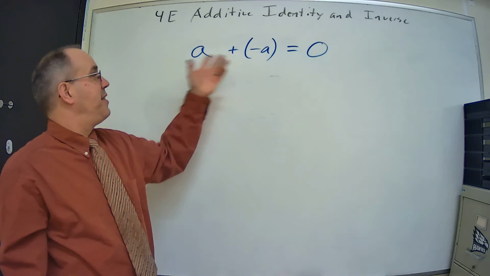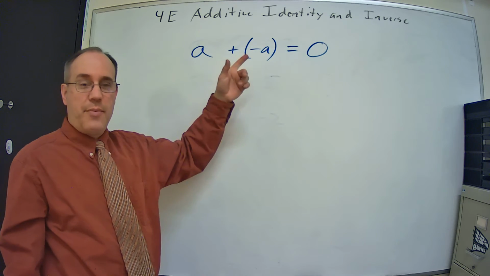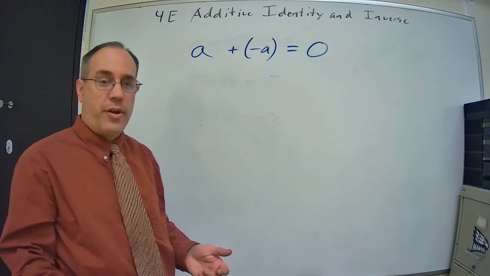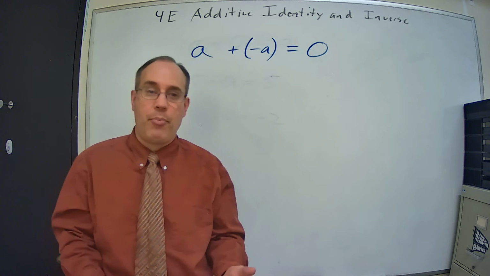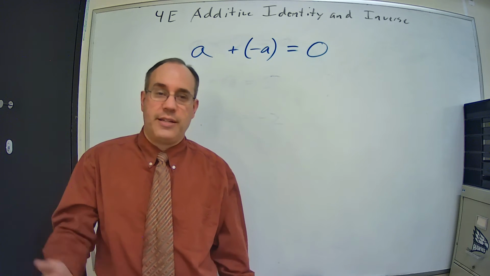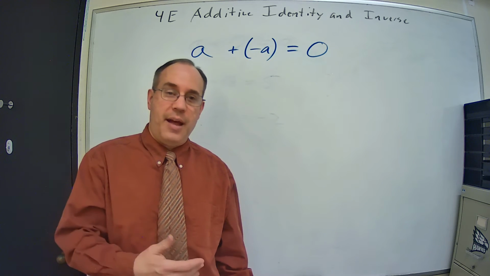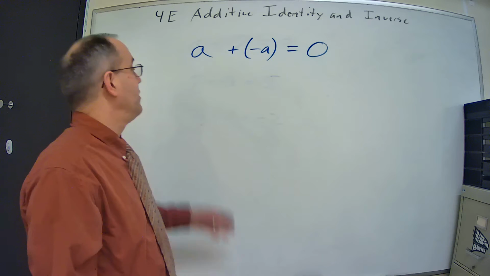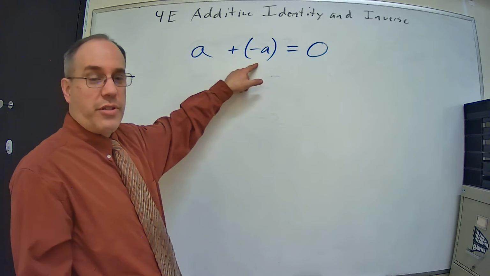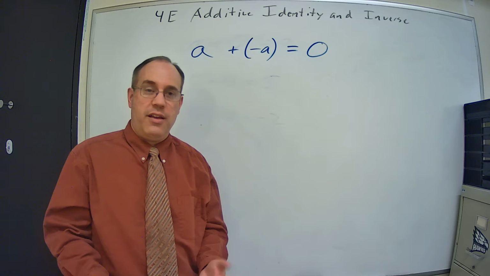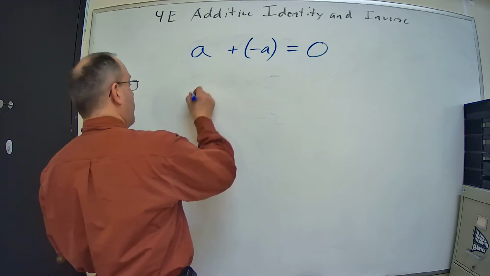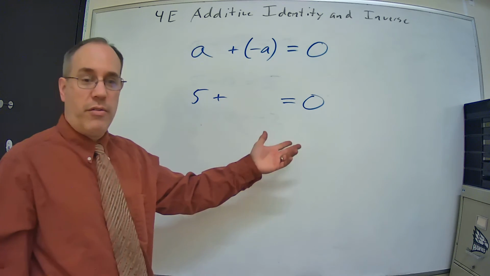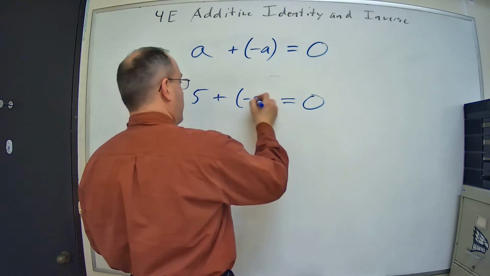Because remember, if you're adding a negative, it's the same as subtracting a positive. So basically, if I want to get 0, I subtract that number away. If I have 8 apples, how do I get down to 0? I give away 8 apples, now I have no apples. So the additive inverse is just the negation of the original number. 5 plus what will give me 0? 5 plus -5.